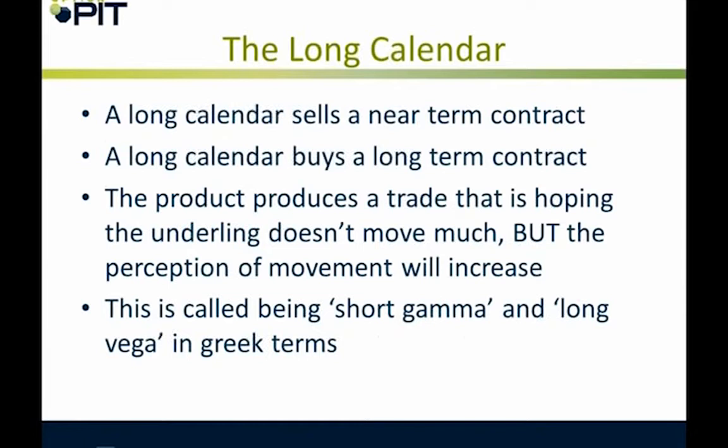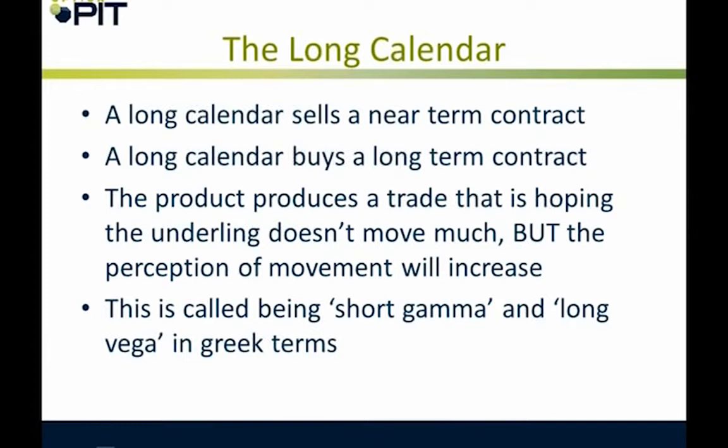So a long calendar, which is what most of you are going to trade if you're going to trade these, sells a near-term contract. It can be a weekly, it can be a monthly. It is the near-dated contract that is sold, and it buys a longer-dated contract. So one could sell a September option and buy an October option. One could sell a weekly option expiring on Friday and buy next week's option. One could do dailies against each other.